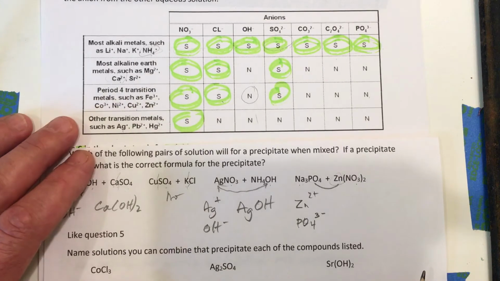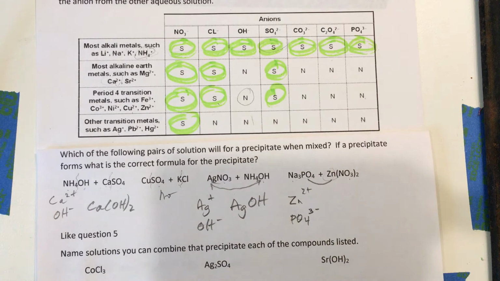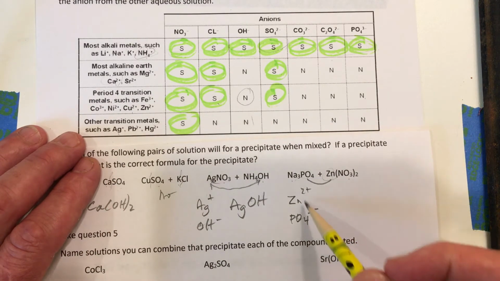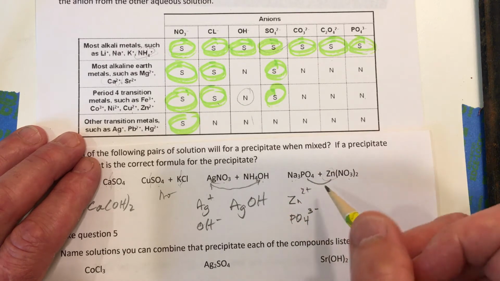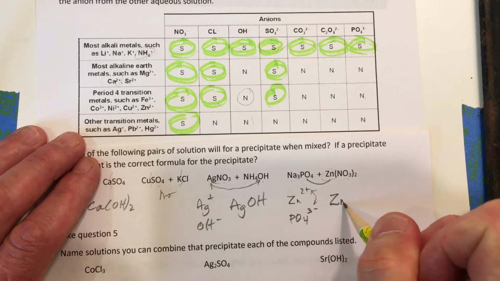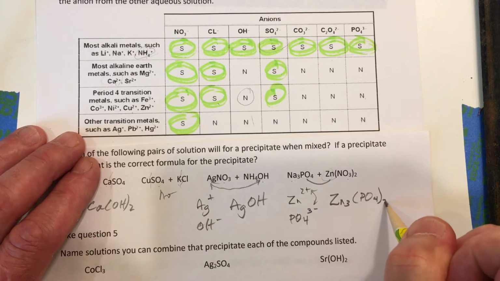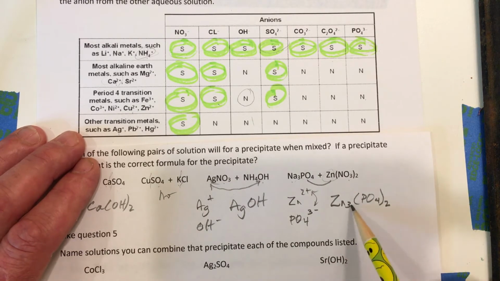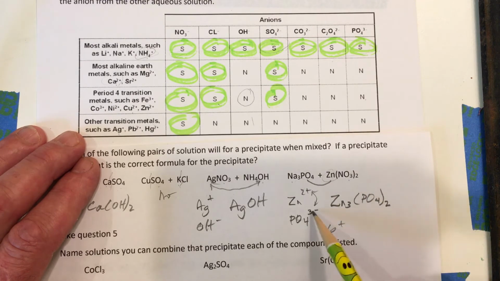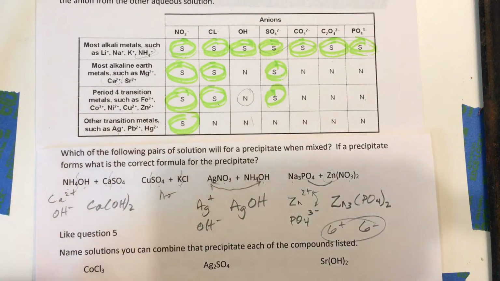I hope I had that showing while you were watching the video. So the formula is going to be, you might remember the crossover trick. We're going to cross those two numbers over. That is Zn3(PO4)2. So 3 2-plus's is a 6+, and 2 of the 3 minuses is a 6-, and so that balances. There you go, that's your formula.